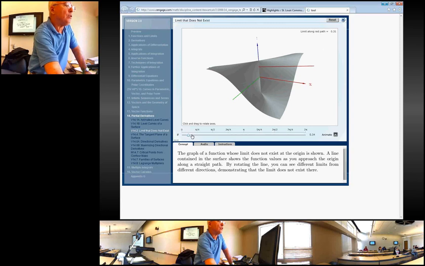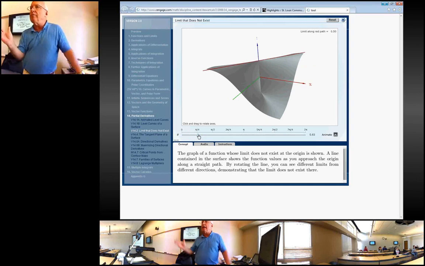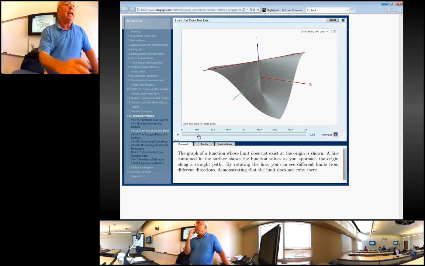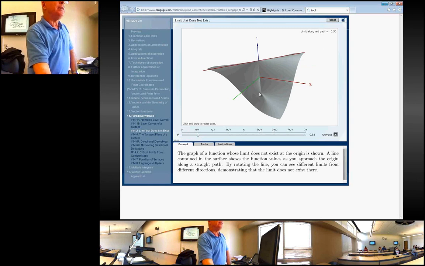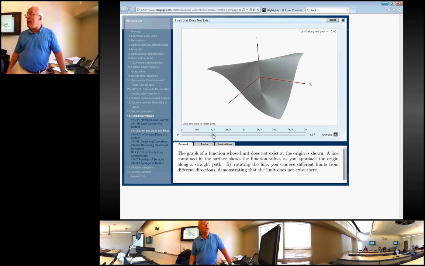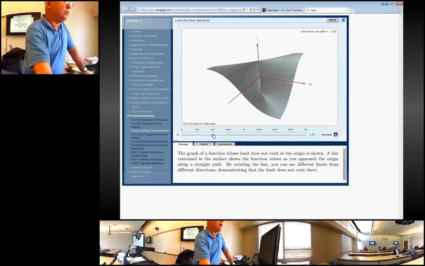Let's go to pi over 4, and at pi over 4, that means it's basically approaching at a 45-degree angle. And notice it says up here that the limit is 1/2. Now, if we go to pi over 2, which is basically approaching it from the y-axis, it's back to 0.